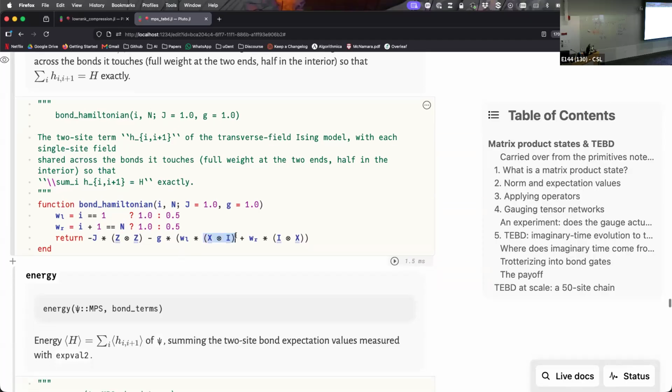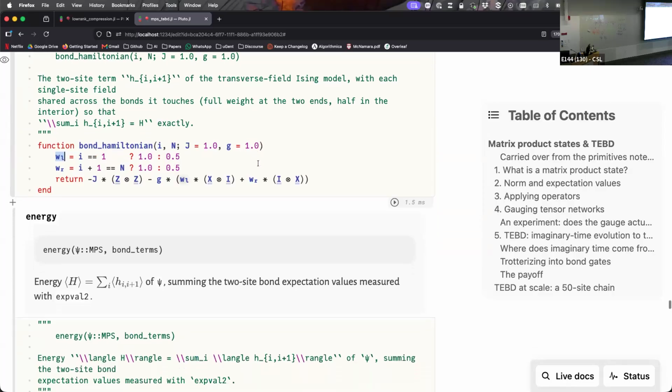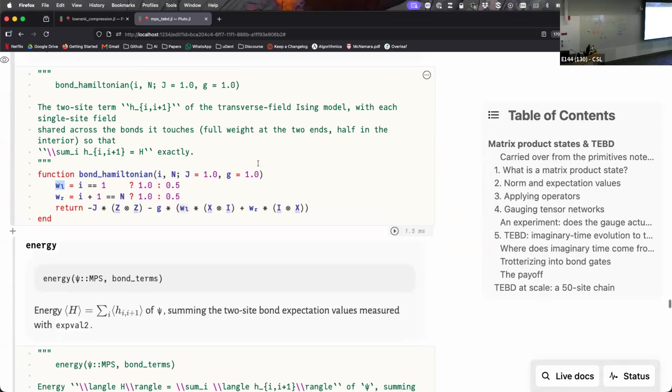This is a trick where we say, I absorb x times the identity plus the identity times x. And then, of course, I have to divide by a factor 2 because otherwise I'm counting them twice. I have to be careful at the edges, because at the edges there's not a neighbor to the left or to the right. And so there, I don't actually have to divide by a factor 2. Does that make sense? Okay.